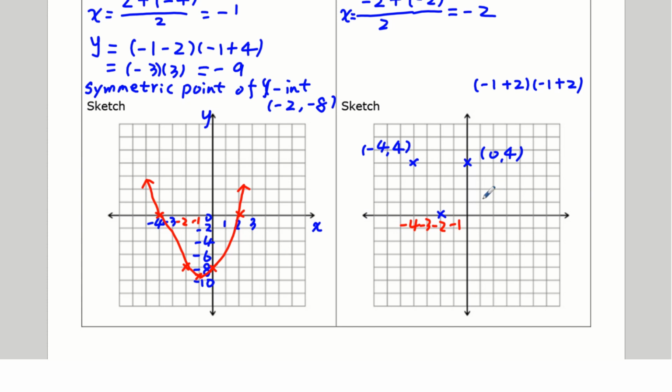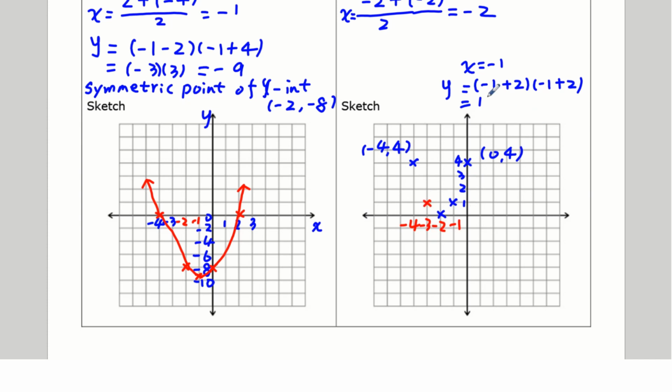We want to find the points next to the vertex. So we sub in x equals negative 1, we have 1 times 1, which gives you 1. So this one, (-1, 1), is here. Then the symmetric point from here, the right one, then the left one will be here.